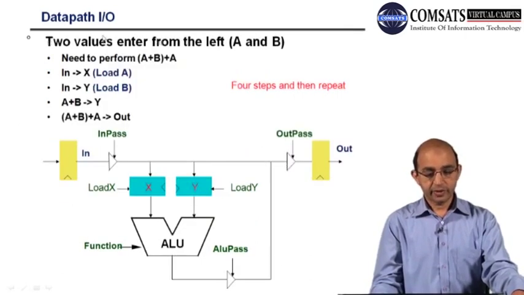Here you can see that two values enter from the left, A and B. If this is A, then in X I will be loading the number A, and in Y I will be loading the number B. So load X and load Y. We need to perform 4 steps over here.